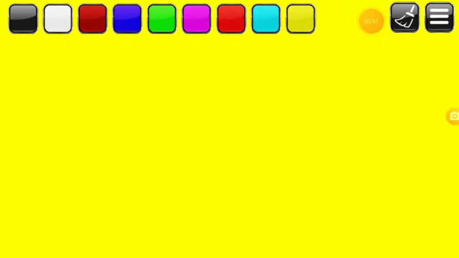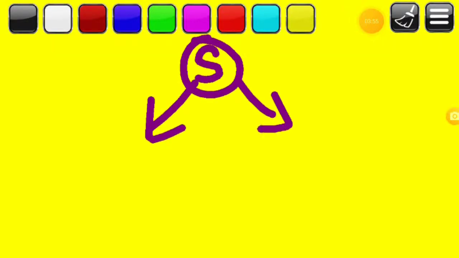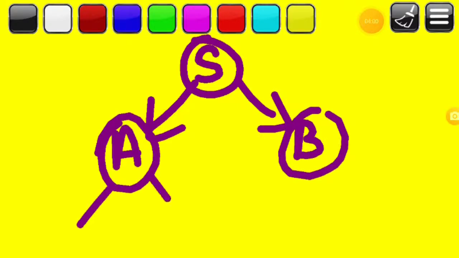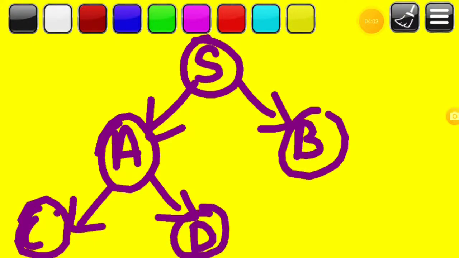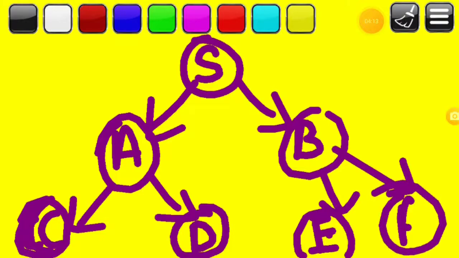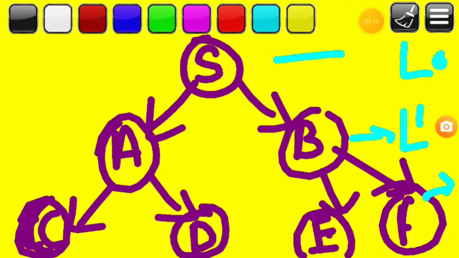Suppose this is a starting node S, this is A and this is B, these are child nodes, and again they have children: this is C, D, E, and this is F. We know that this is level 0, this is level 1 and this is level 2.